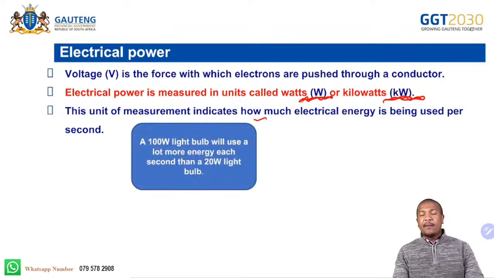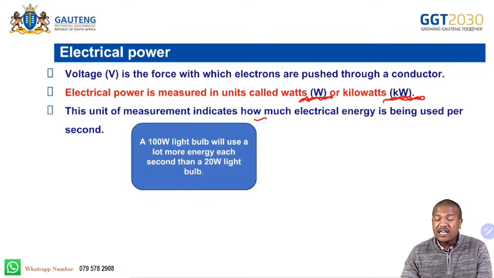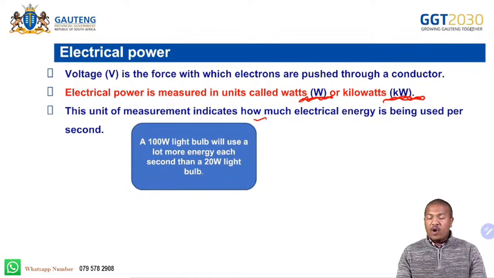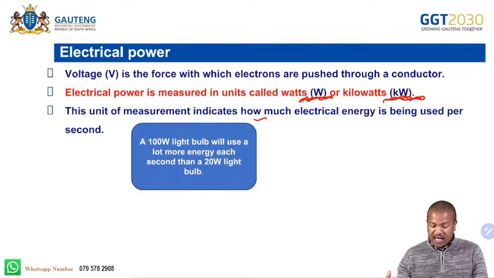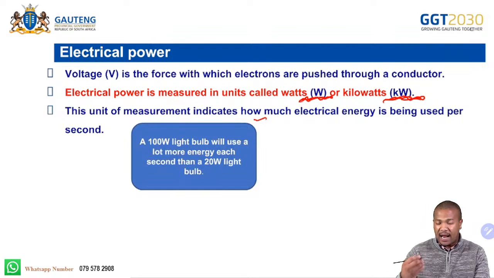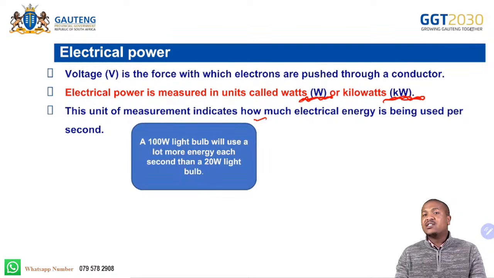For example, a 100 watts light bulb will use a lot more energy each second than a 20 watts light bulb. Same as different kettles, same as different irons for ironing our clothes, they will all use different watts per day.